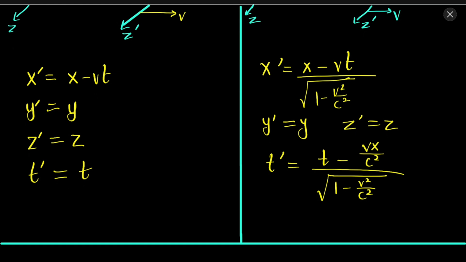So this is the difference between Lorentz and Galilean transformations, and using these Lorentz transformations we will now be finding the various things like length contraction, mass increment, time dilation, etc.